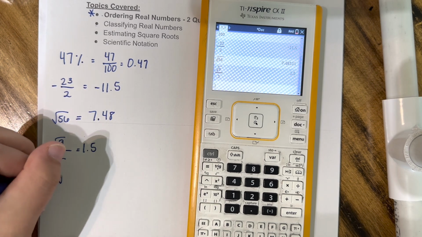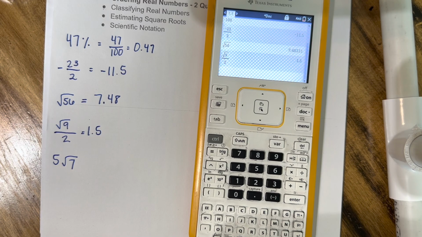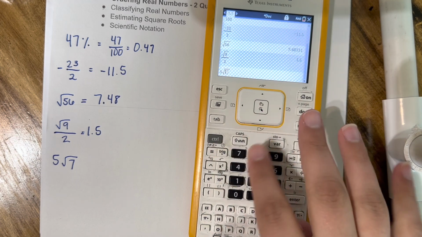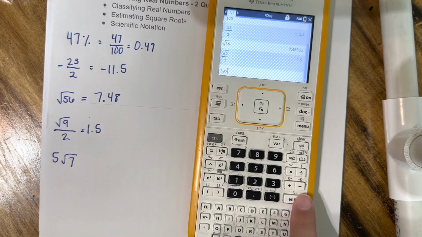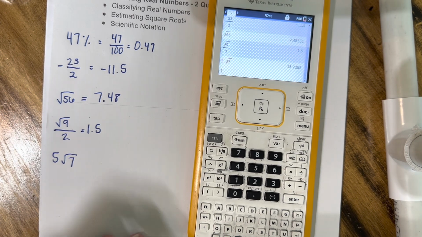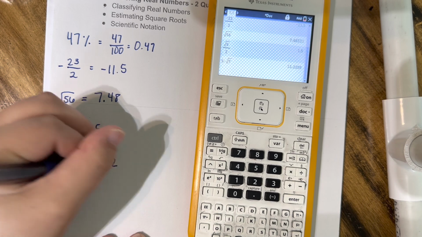Now, what if I had a square root symbol that looked like that? 5 square root 7. Well, I type it in my calculator exactly like that. 5, square root symbol, 7. See how these match? That's what we want to see. I'm going to hit enter, and I get a number with a bunch of decimals, but I'm going to round it to make it look like money.